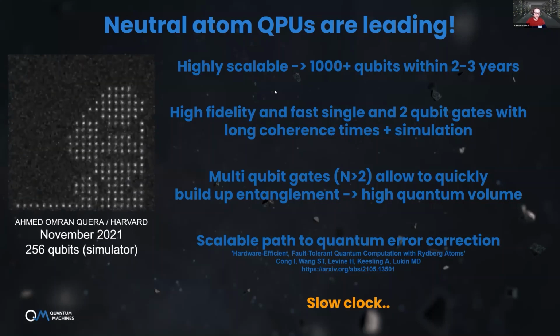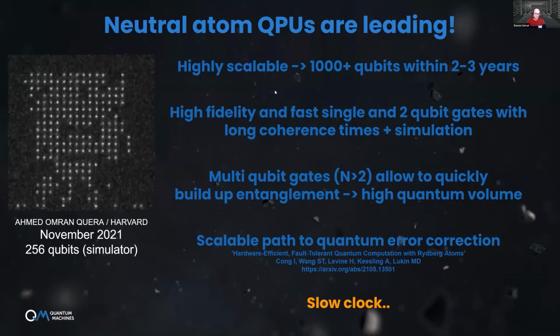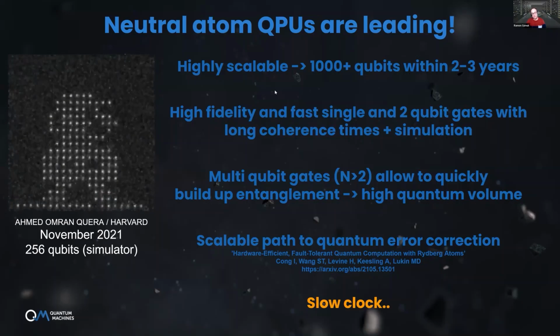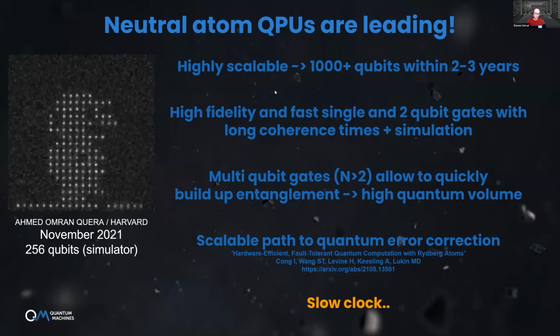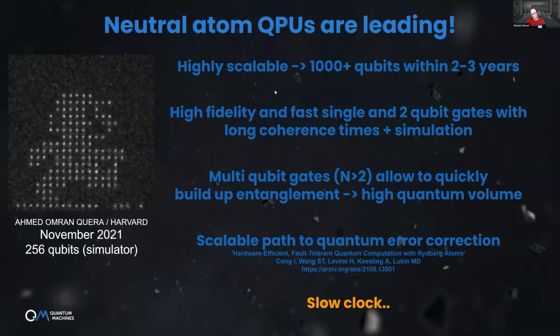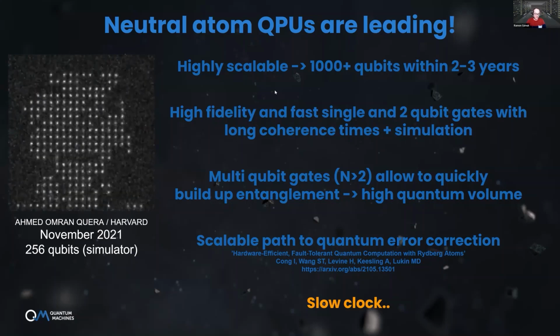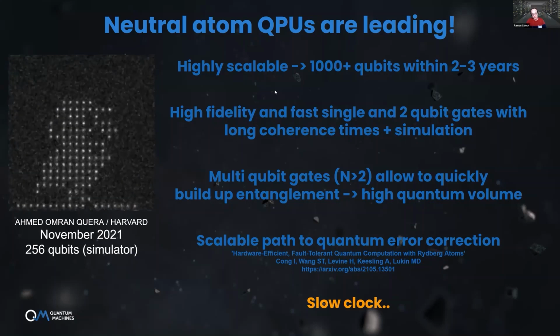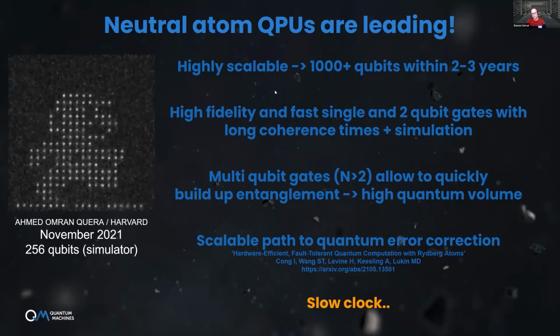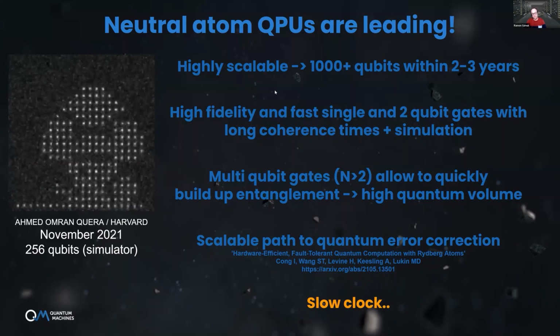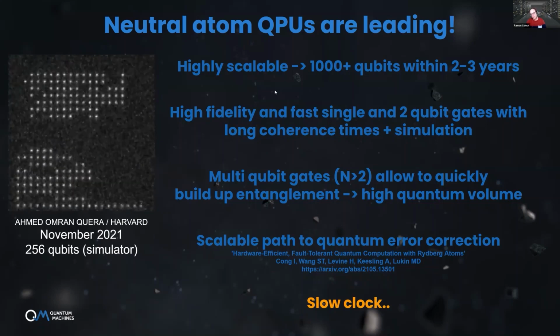But other than that, smaller players typically are not that ambitious. In Rydberg arrays, the 1,000-qubit milestone is shared also with startups. QuEra said that they're aiming to have a 1,000-qubit processor within 2-3 years. Other startups like Pasqal, I believe, have shared similar milestones.